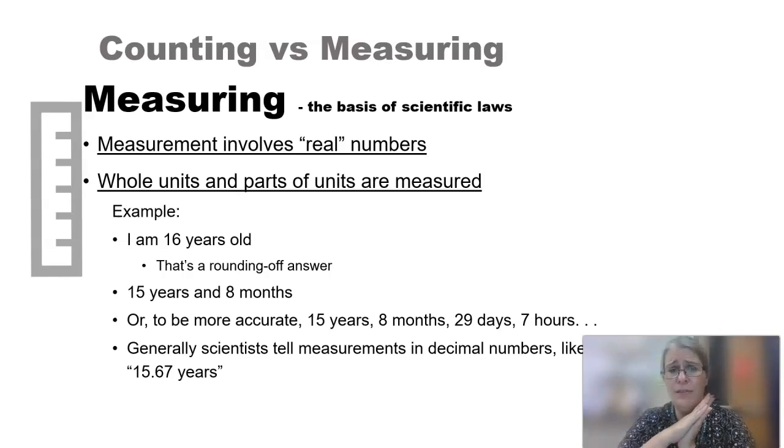And the problem is we very rarely know something exactly, perfectly, on forever. Because at some point, I'm not really going to be able to see a difference between the marks on my ruler. They're going to be so tiny I can't really see between them. So instead, we put things in decimal numbers so that we are indicating how well we can measure that number.